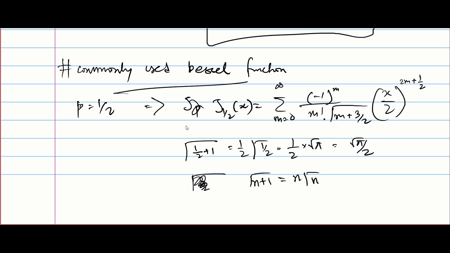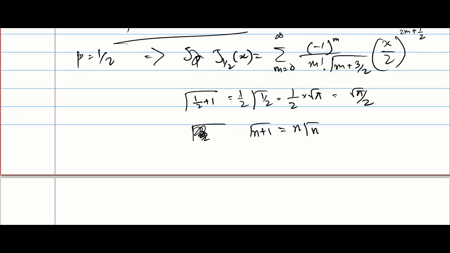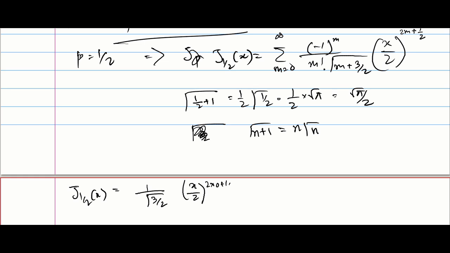So using this formula, now we'll expand this one. J_{1/2}(x) for m equals 0 would be (-1)^0 over gamma 3/2 times (x/2) to the power 2 into 0 plus half.